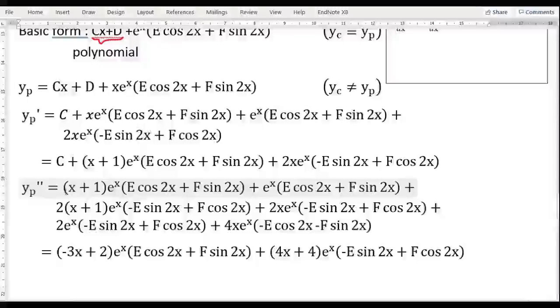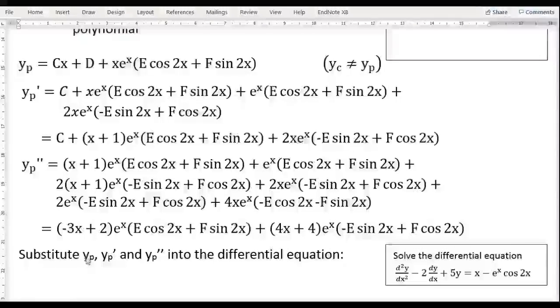So the y double prime is given by this expression. Next, we're going to substitute the yp, which is this yp prime, this one, and the yp double prime, which is this, into the differential equation.